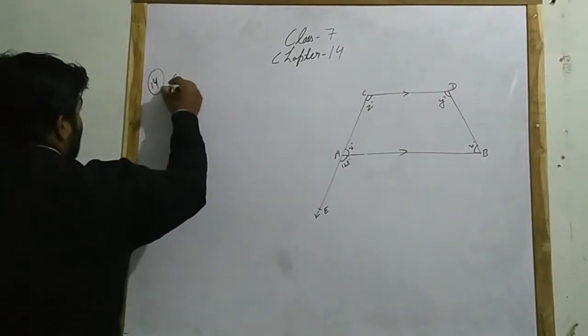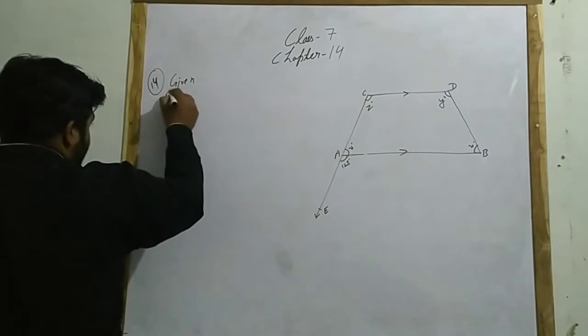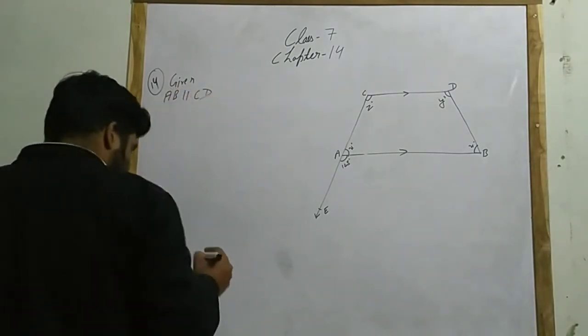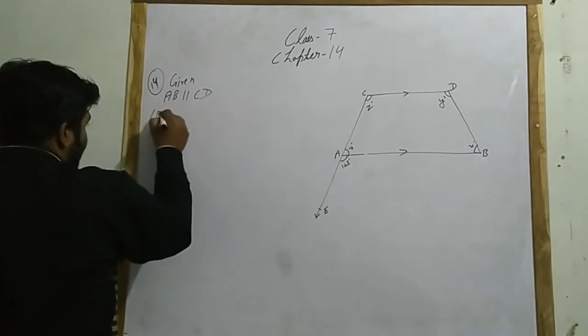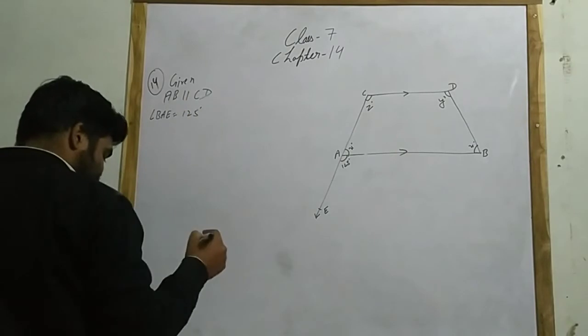So first of all write here given. What is given in this question? AB parallel to CD is given and angle BAE equals 125 degrees is also given.